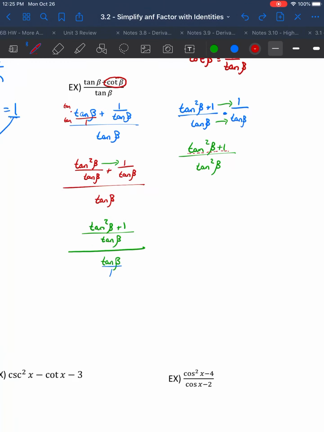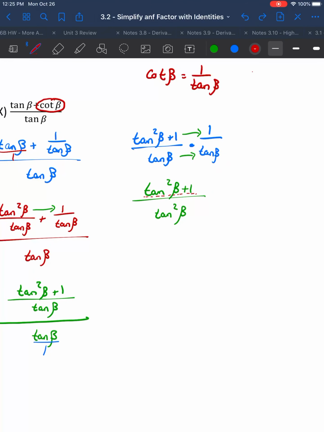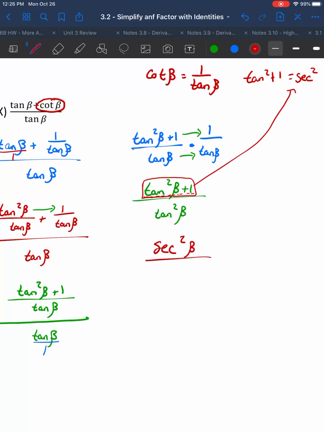I'm going to write it up here on the top. Tangent squared plus 1 is equal to secant squared. Well, could I replace tangent squared plus 1 with what it's equal to? So now I have secant squared beta over tangent squared beta.